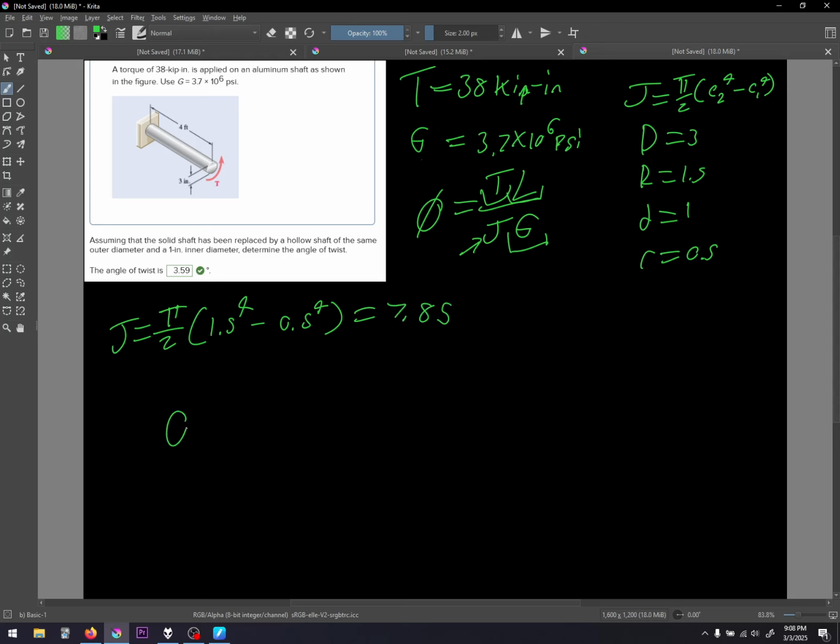So now we plug everything in. T is 38. L is 4. 7.85. And G is 3.7. Then this should give us at least the right number.